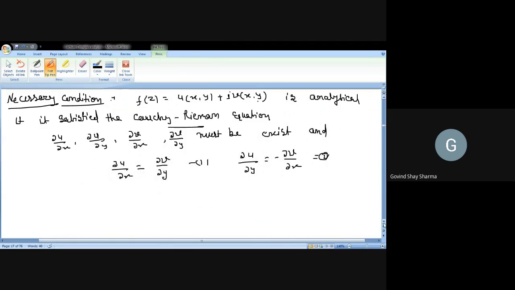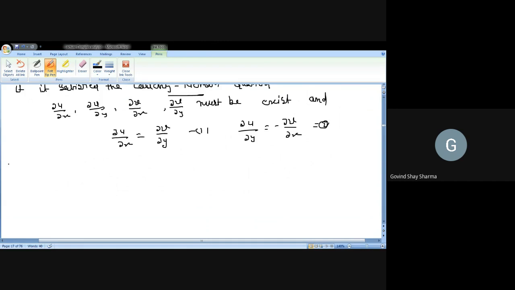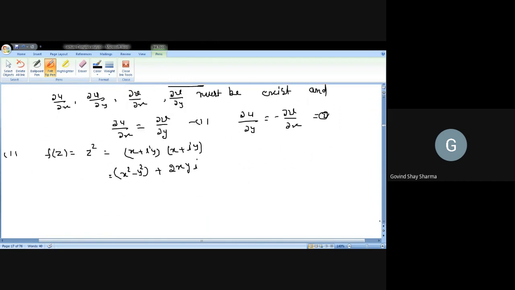Now, first example: f(z) is equal to z square, which is (x plus iy) square, so we can say x square minus y square plus 2ixy. Here u is equal to x square minus y square and v is equal to 2xy.